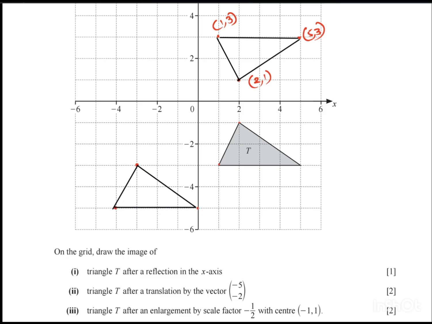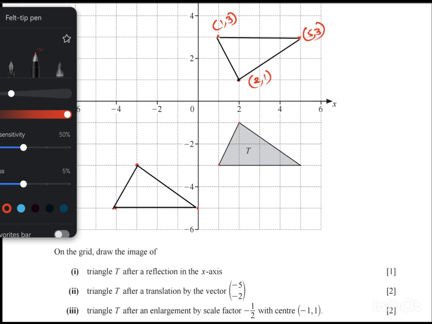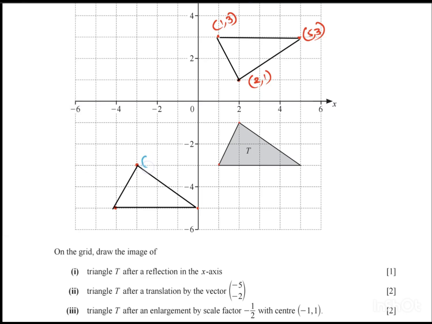Now write the coordinates of these vertices. So this is -3 and -3. Then this one is 0, -5, and this one is -4, -5. This is the second question done.